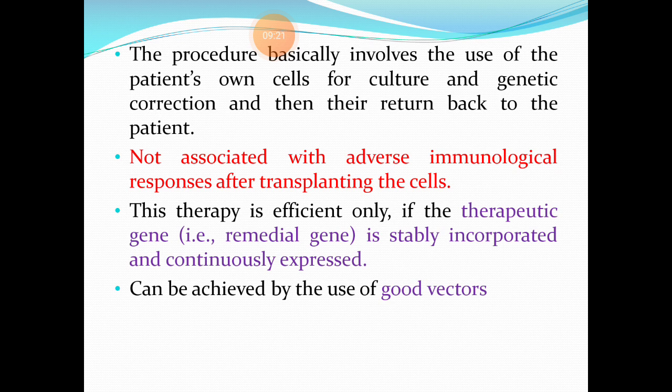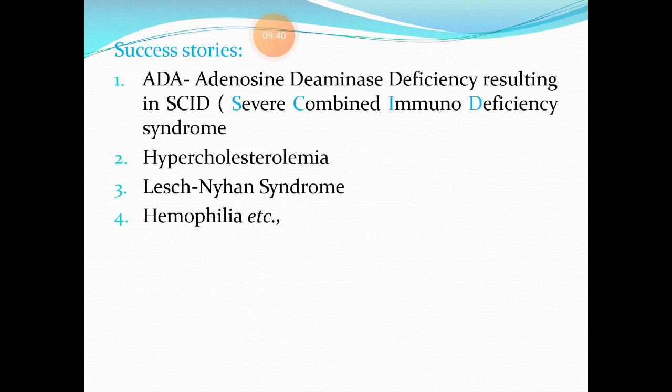This therapy is efficient only if the therapeutic gene or the remedial gene is stably incorporated into the genome of the patient and it is continuously expressed to produce the functional proteins. This can be achieved by the use of good vectors.